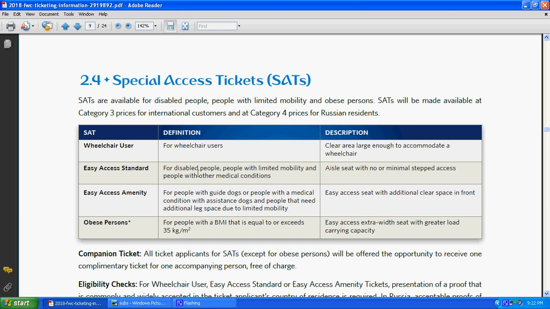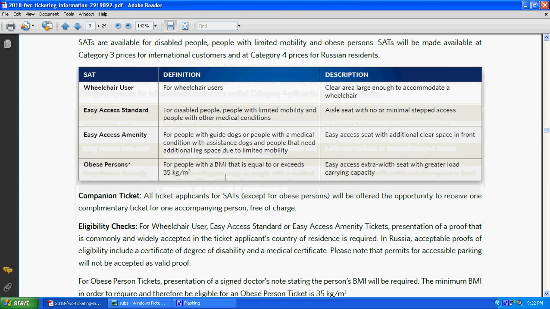What will be given is an aisle seat with no or minimal stepped access, so you don't have to climb too many stairs. And then there is easy access amenity for people with guide dogs, or people with a medical condition with assistance dogs, and people that need additional leg space due to limited mobility. Okay, so that is clear.